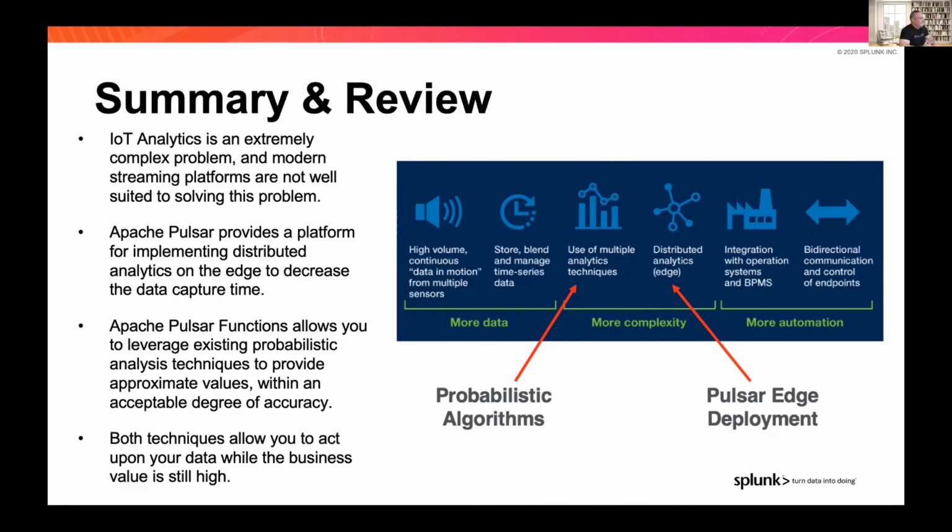That makes it much easier to do IoT analytics. It allows you to leverage existing probabilistic analysis techniques if you're willing to trade off for accuracy as well. And it allows you to act on your business in real time, keep the data local, and minimize the amount of data you have to send back to the infrastructure to do the processing.